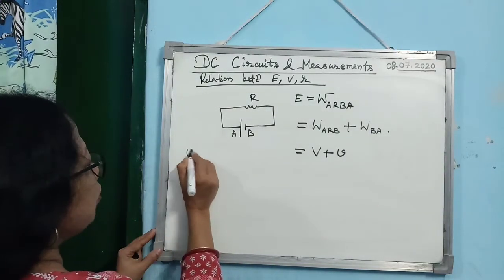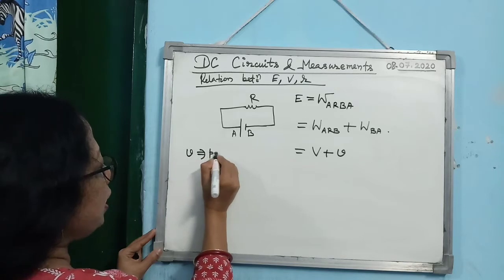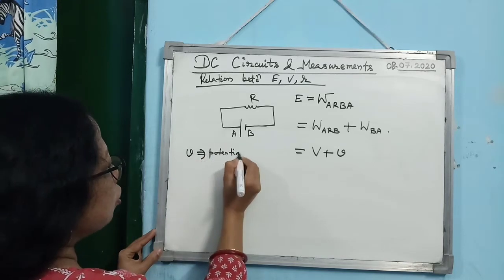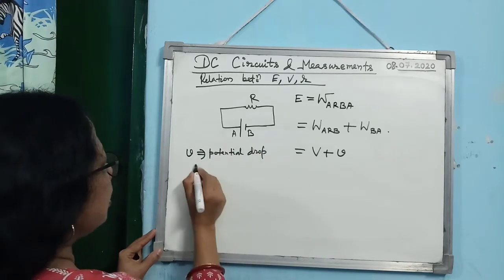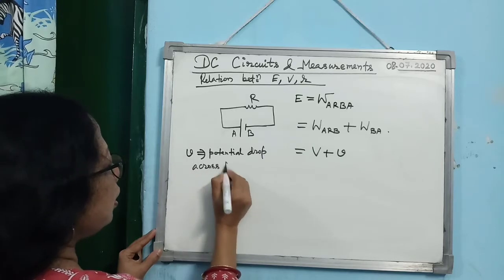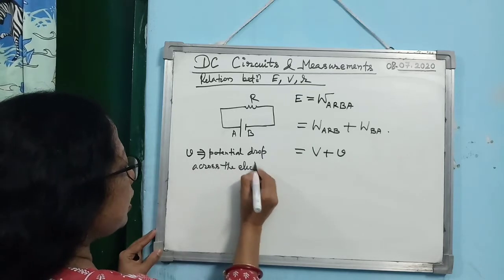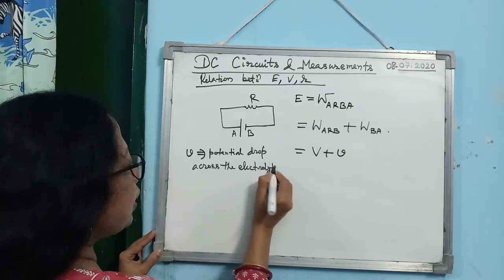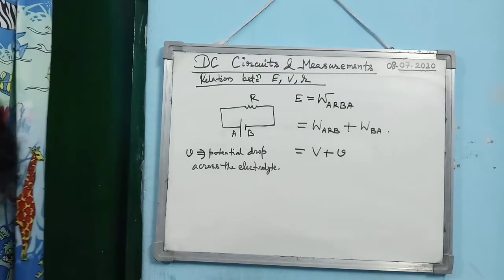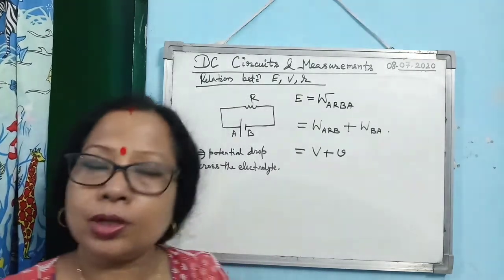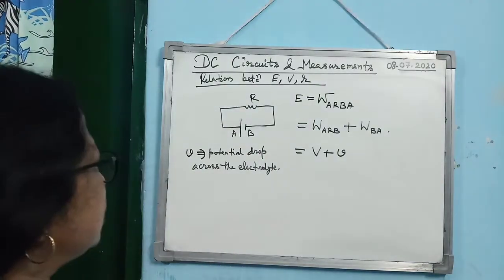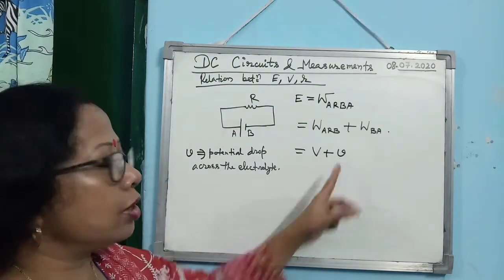Here small v is the potential drop across the electrolyte. When you are taking the charge through the electrolyte, the potential is decreasing, or you have to do a certain amount of work, and that is known as the potential drop across the electrolyte, and you denote it by small v.